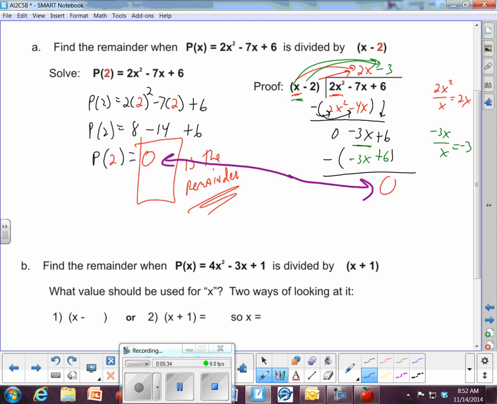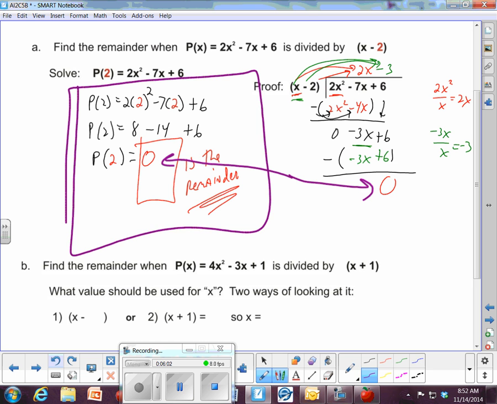We can figure out remainders this way. If you were to divide this binomial right here, right, into this polynomial right there, we know that the remainder is going to be 0. We could find that out by doing long division, or we could find it out by doing this.